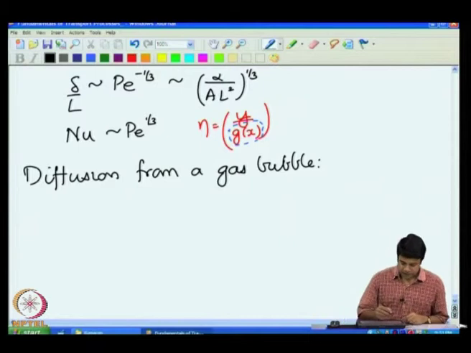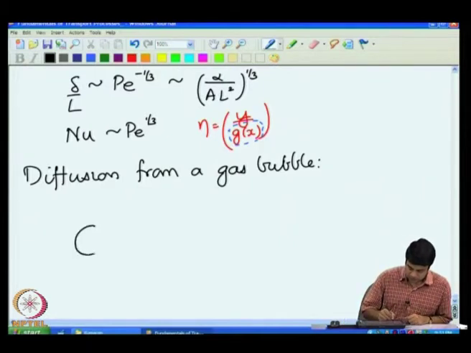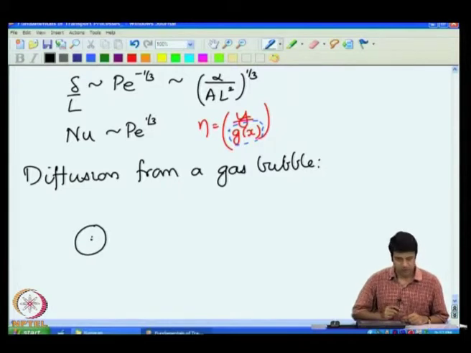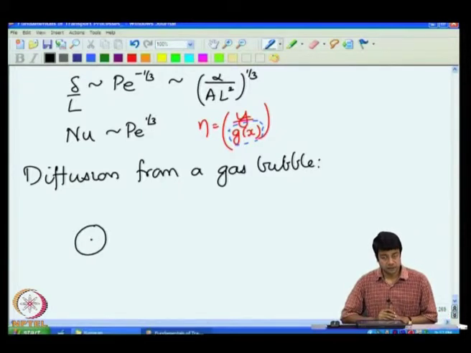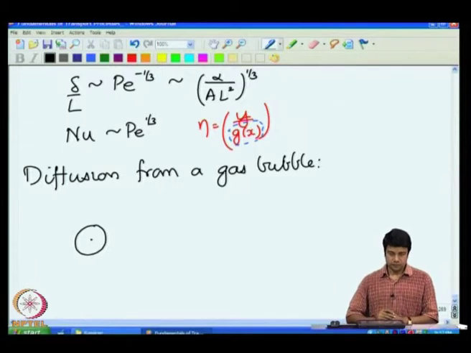If I have a gas bubble that is moving with a velocity relative to the fluid, then the tangential velocity at the surface of the bubble is not 0, because we do not apply no slip conditions at the surface. Rather, we apply 0 shear stress condition at the surface.